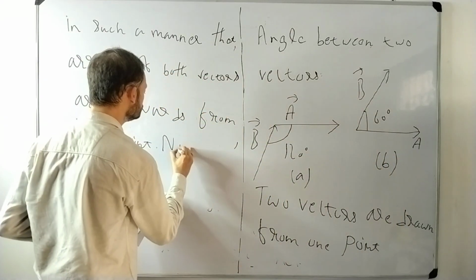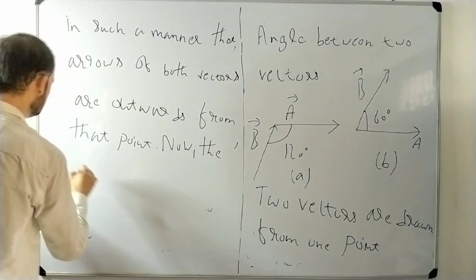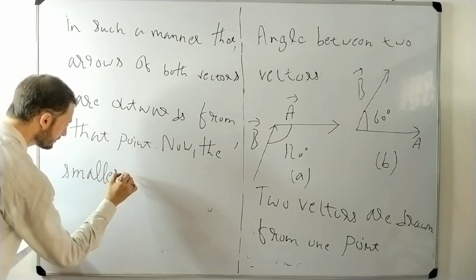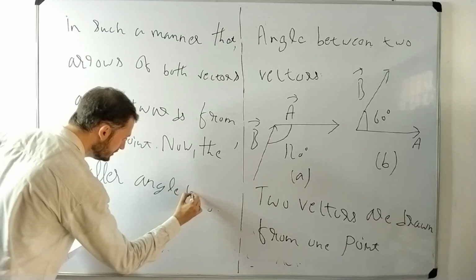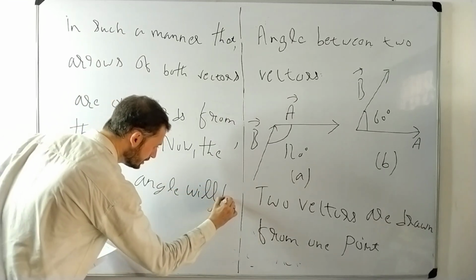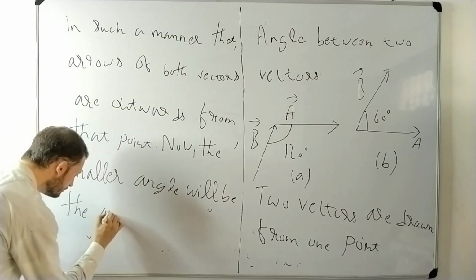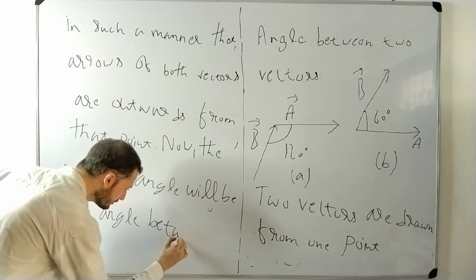Now, the smaller angle will be the angle between the two vectors.